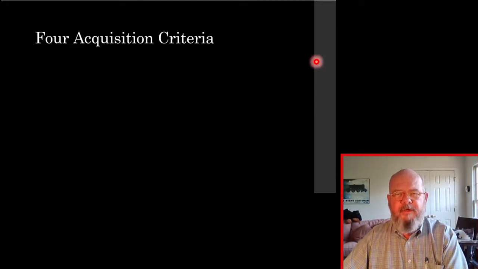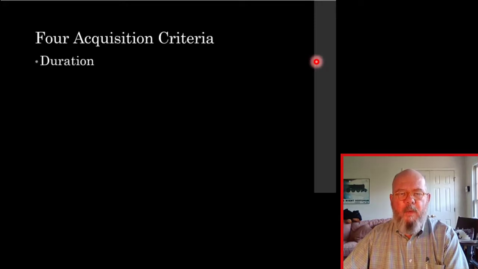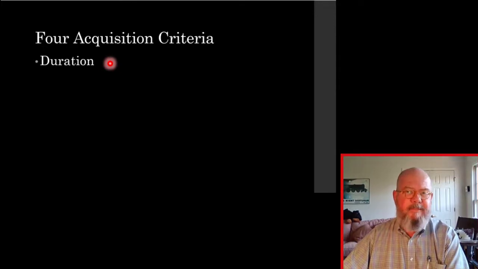Now, I talked a little bit about the acquisition criteria, and there are essentially 4 of them. One is how long a child should do something, and that's very often expressed in minutes, for 10 minutes, for example. And this is often used for any kind of engagement goal, where for the child to spend time participating would be measured in duration.